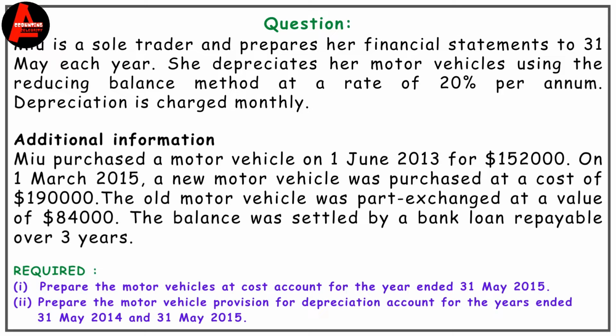On 1st March 2015, a new motor vehicle was purchased at a cost of $190,000. The old vehicle was part exchanged at a value of $84,000. The balance was settled via bank loan, repayable over 3 years.